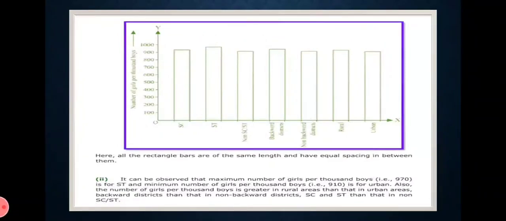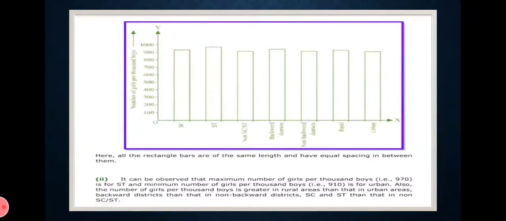If there are only 5 lines in one unit, then you have to take one line as 20. But generally in the graph papers there are 10 lines in one unit, so you will select one small line as 10 girls, number of girls. So you have to mark accordingly.